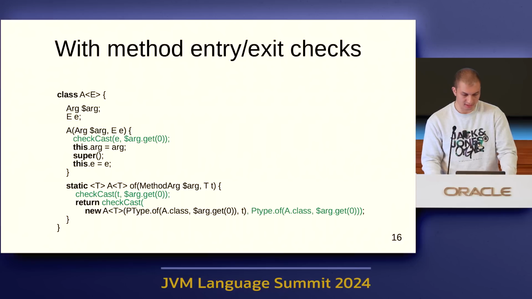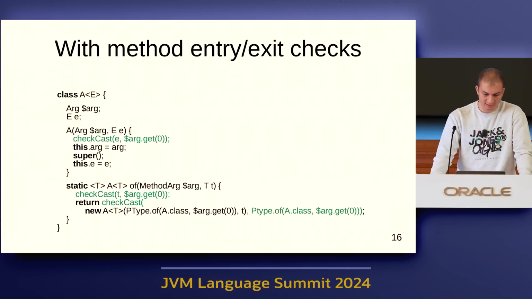So we can see that we now have a call to a method named checkcast in the first line of the constructor, which takes an object of any type and a second parameter representing the expected type for this object, and will perform a check to ensure that the provided object is of the correct type.